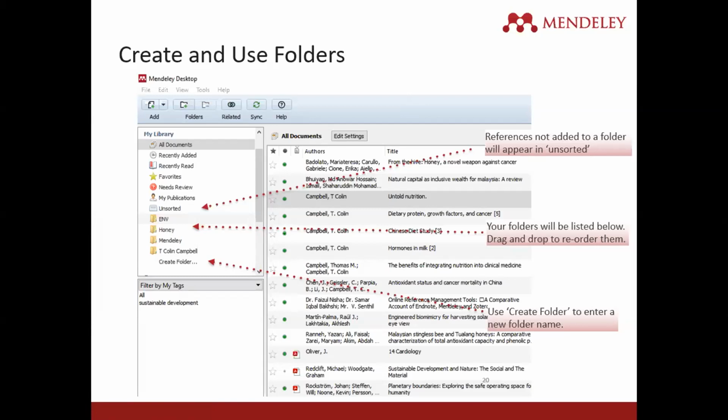If you want to organize, you just click Create Folder, then enter a name. A new folder with that particular name will be created and listed over here. Then if you want to add articles to a particular folder, you just drag the documents and drop them in the respective folder.